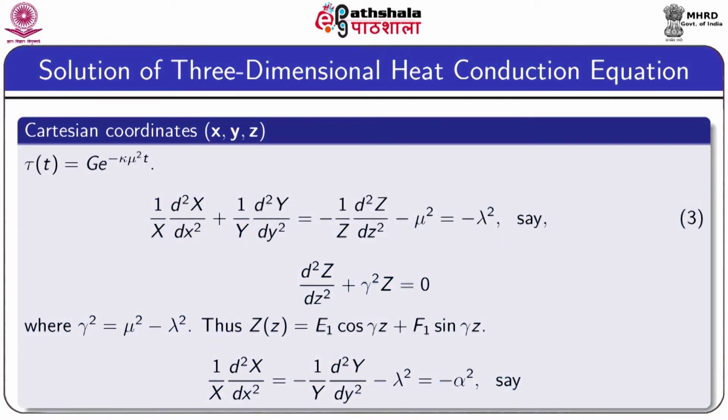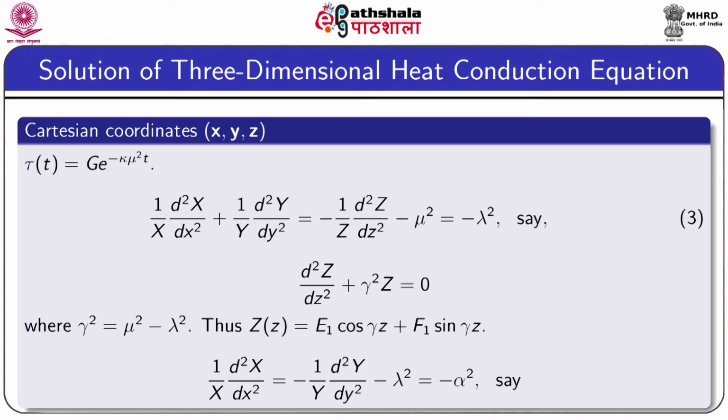Now, our aim is to separate the functions capital X and capital Y from capital Z. For that purpose, we take the Z equation to the right side and we assume another separating constant, minus lambda square.